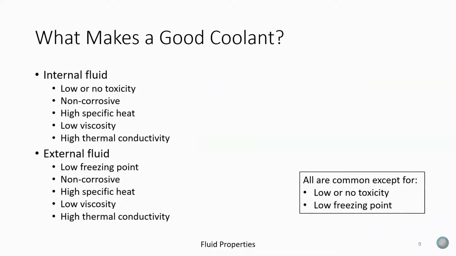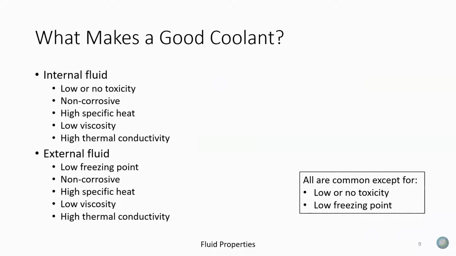So what does make a good coolant? We talked a little bit about this, but let's dig a little bit more. So internally, we want low or no toxicity. We can deal with low toxicity if we do the appropriate things. If we have a trace contaminant control system sized for a leak we expect, or if we build to minimum risk, where we build to minimum leakage, we can live with something that has low toxicity.